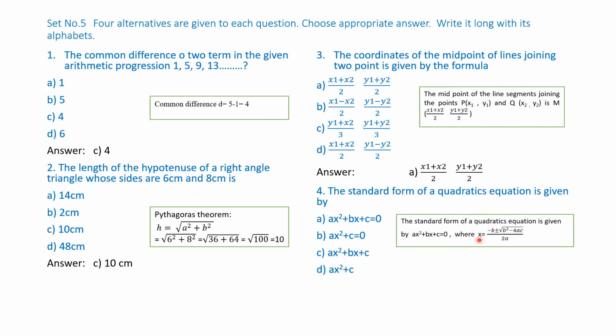You should also remember the formula for the root of the equation, given as additional information: x is equal to minus b plus or minus under root b square minus 4ac, divided by 2a. But the form of the equation is ax square plus bx plus c equal to 0. This is the answer.